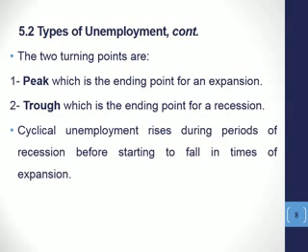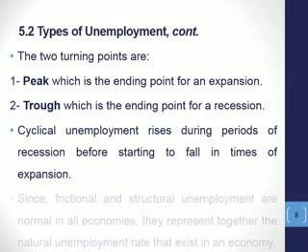So cyclical unemployment rises during periods of recession before starting to fall in times of expansion. Why? Because in times of recession the real GDP falls, so unemployment increases, and vice versa. In times of expansion real GDP rises, so unemployment falls.